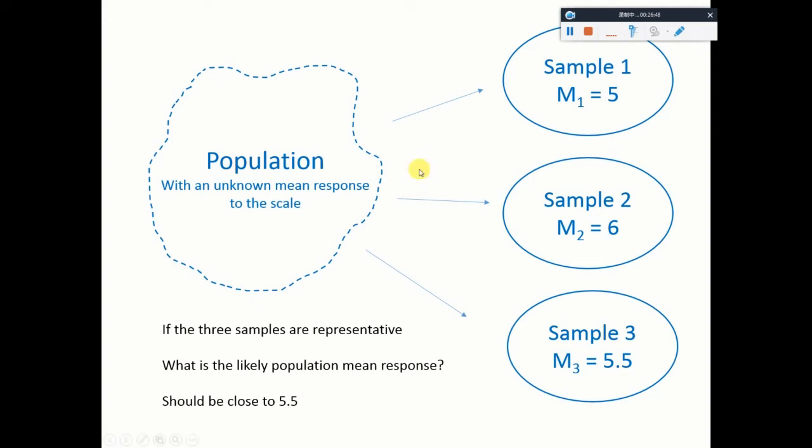That is, we draw a sample from an unknown population whose features are unknown, but we do know the features of this sample. So we're now making inferences about this population based on sample statistics. That's the logic of statistical inferences.